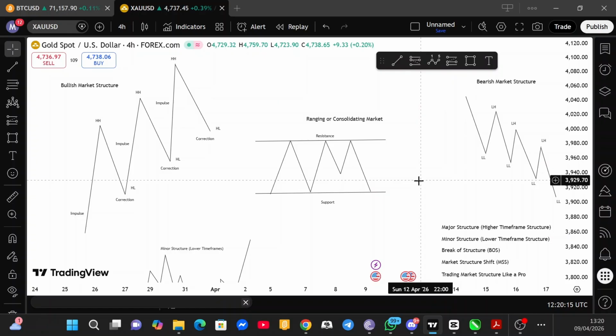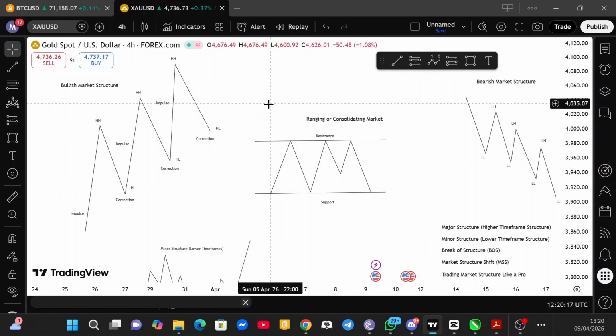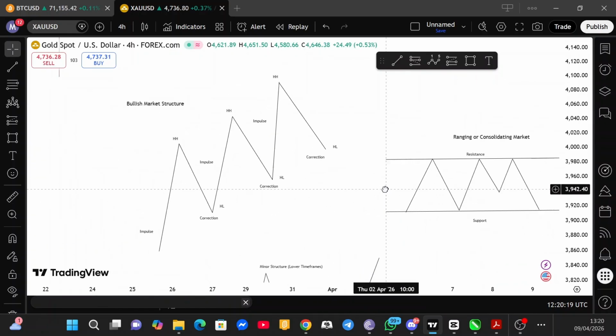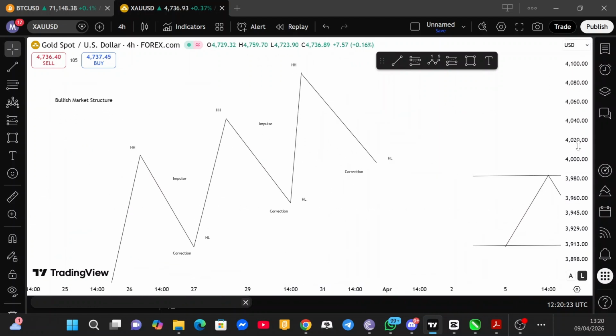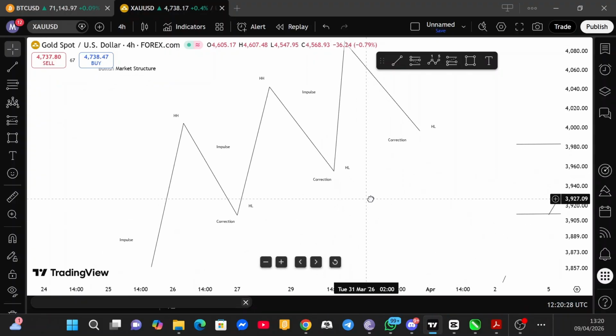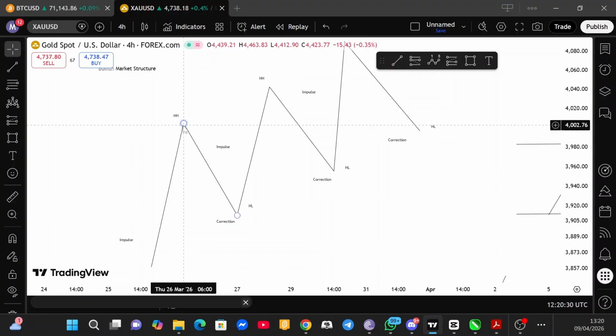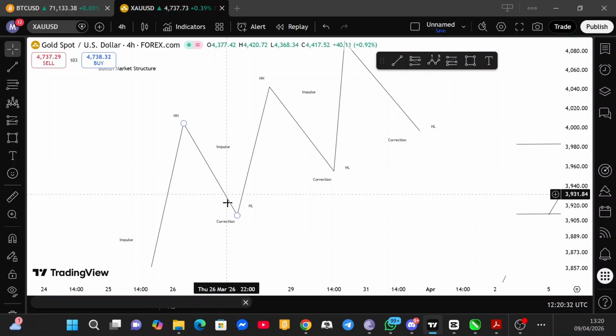All right, so I believe you have been able to grab this for now. Now we have what we call the break of structure. Let me explain what we mean by the break of structure. I'll explain it both in the bullish market and in the bearish market. We noticed an impulse, and then the market moved into a correction phase and then formed a new high.